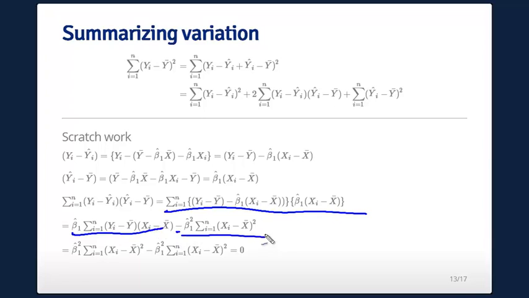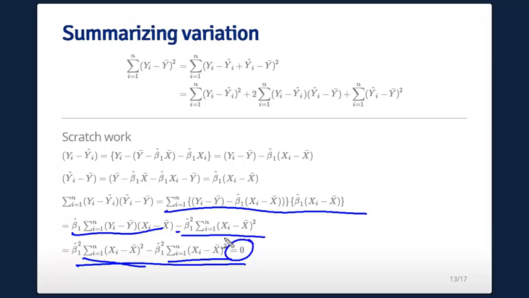Of course you can churn through the details, but then you wind up with beta 1 hat squared times the sum of the x deviations squared minus beta 1 hat squared times the sum of the x deviations squared. And of course these are both the same thing, so they equal 0.